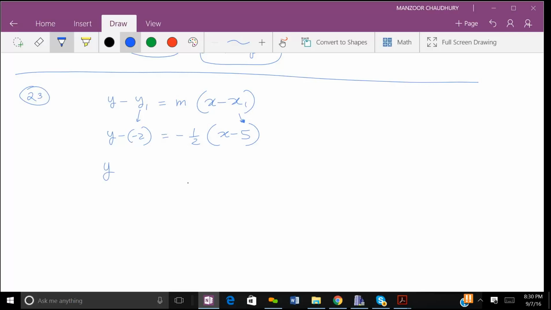So y plus 2 equals negative 1/2 x plus 5 over 2. Okay? So you subtract 2 from both sides, you have y is equal to negative 1/2 x plus 2.5 minus 2. That's negative 1/2 x plus 1/2. Make sense?